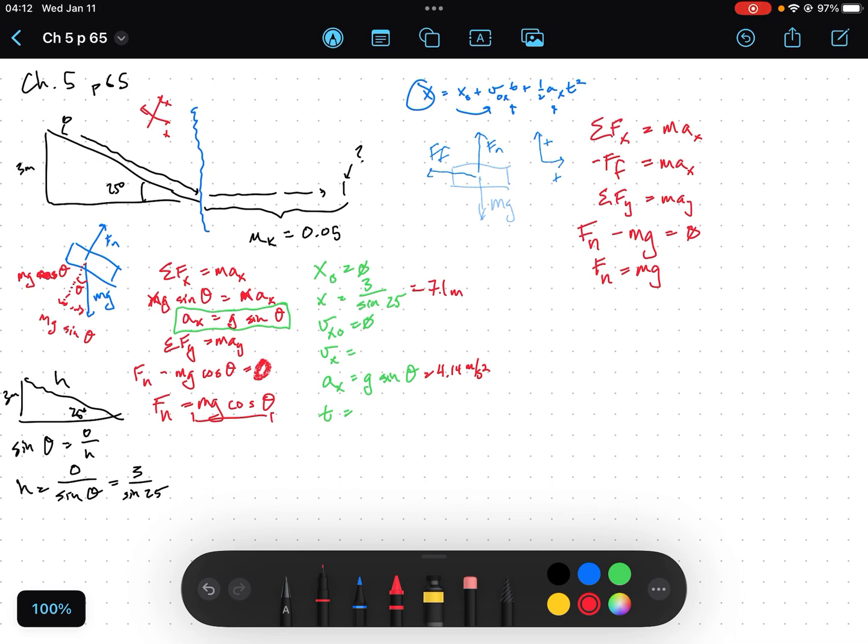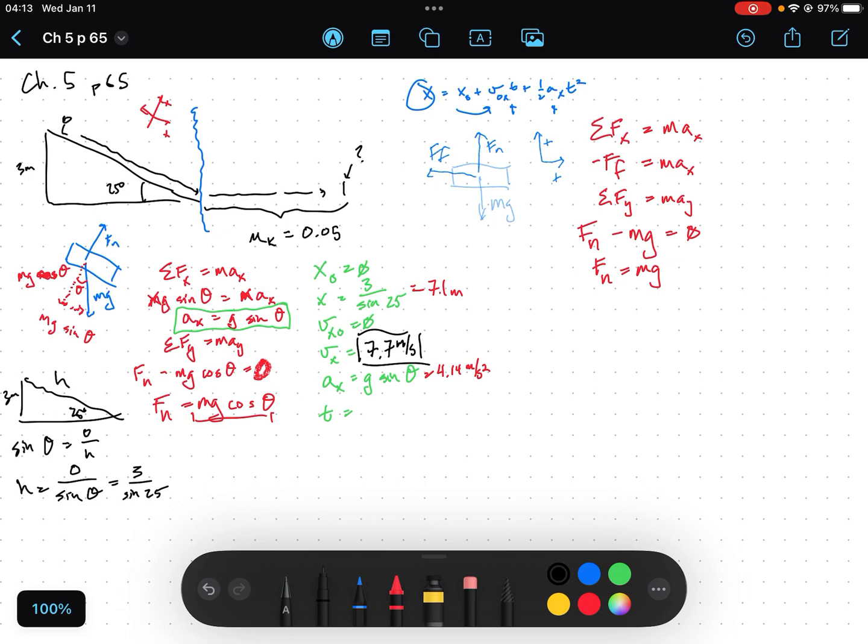If you put that into the kinematic solver and choose that third equation, v_x squared equals v_x naught squared plus 2 a times the displacement, it eventually tells you that this final velocity at the bottom of the hill is 7.7 meters per second. So that's helpful. Now we know how fast this rider is going on the sled at the bottom of the hill. But what we want to know is how far are they going to go?